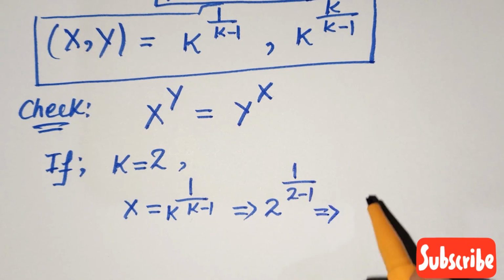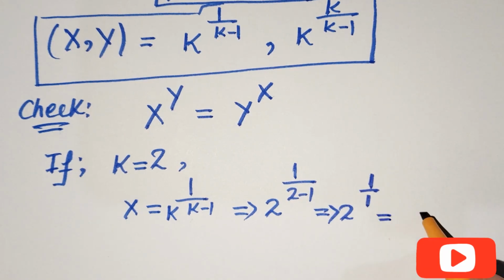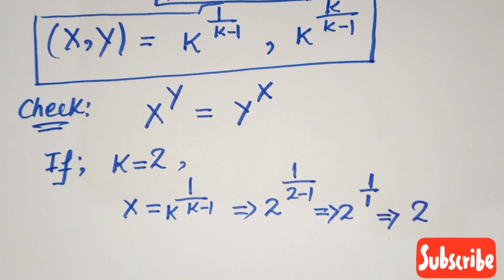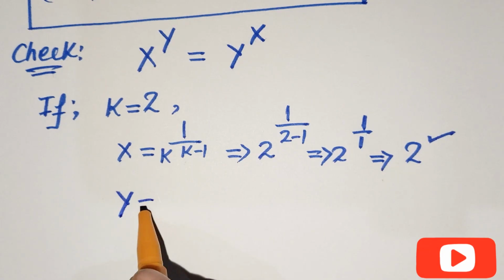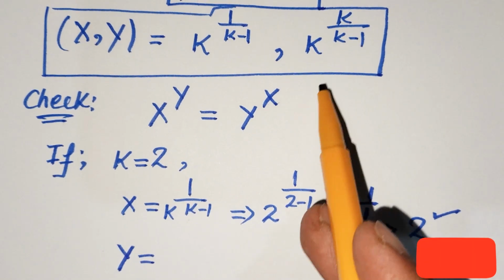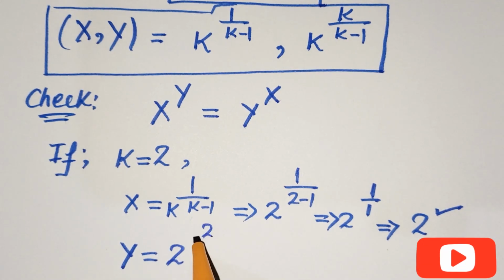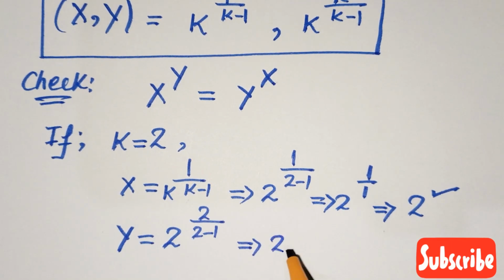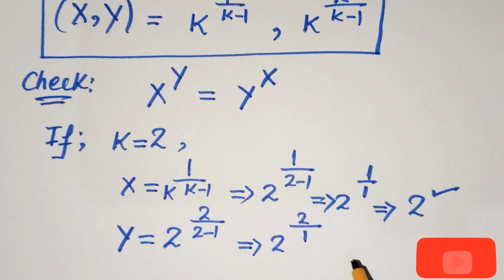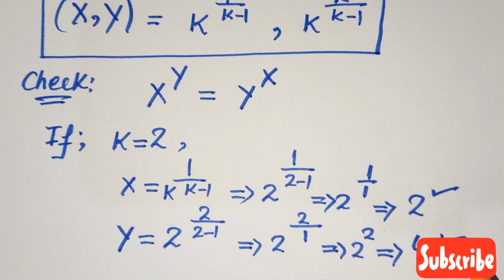Now 2 minus 1 is 1, so 1 over 1 is 1, and we get the value of x is 2. Now for y, which is k raised to power k over k minus 1, the value of k is 2, and 2 over 2 minus 1 is 2. So it is 2 squared, which is equal to 4.